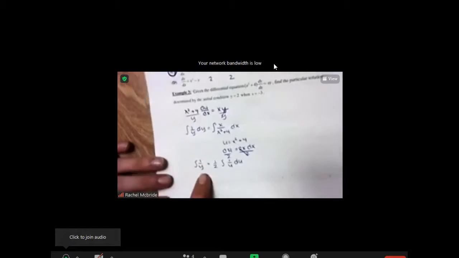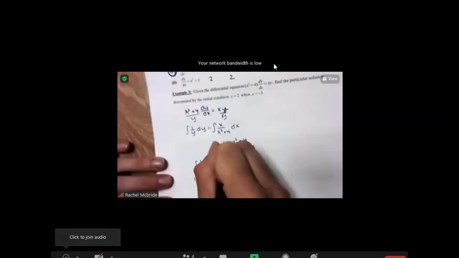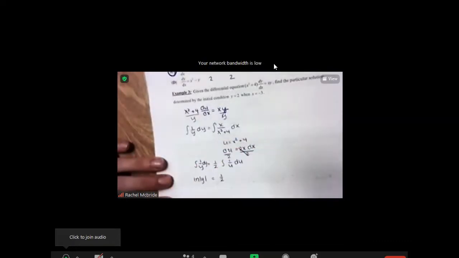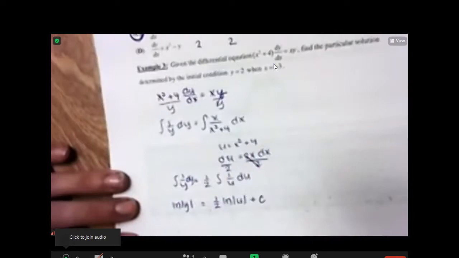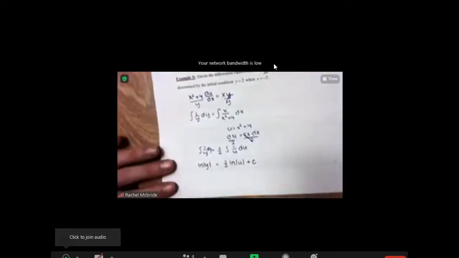And the antiderivative of 1 over y dy is the natural log of y. And then the antiderivative of 1 over u is also the natural log of u. Don't forget your plus c. So you have the natural log of y equals 1/2 the natural log of u plus c.